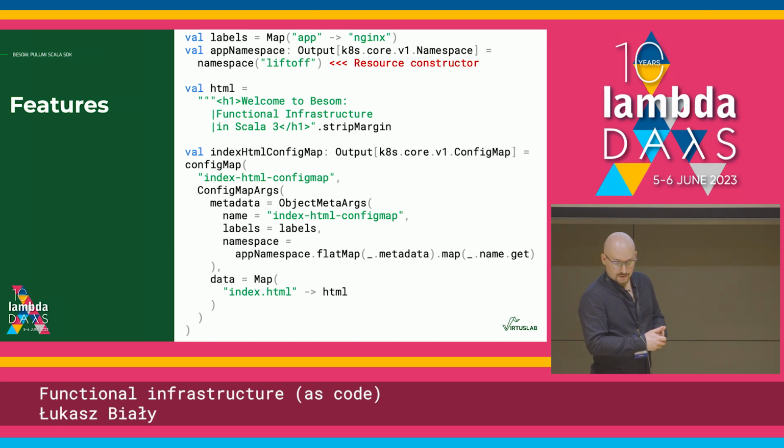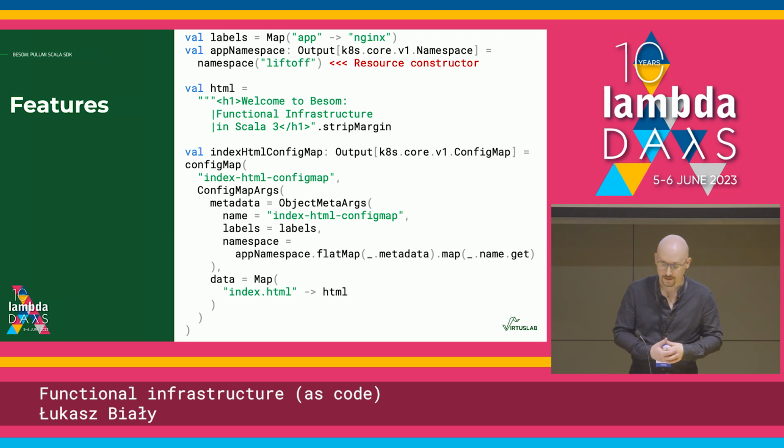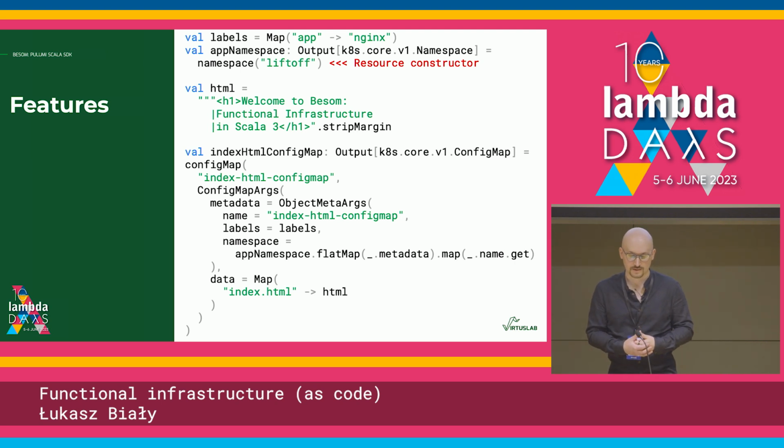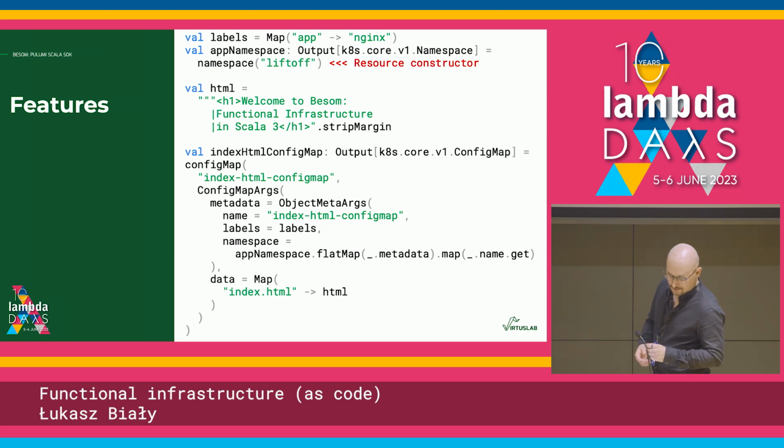The first thing you can notice is that we have a resource constructor called namespace. It doesn't take any additional arguments because you don't have to provide any when you're creating just a namespace in Kubernetes. The namespace is then used in the configuration of the config map because you have to put the namespace in the metadata for the config map.